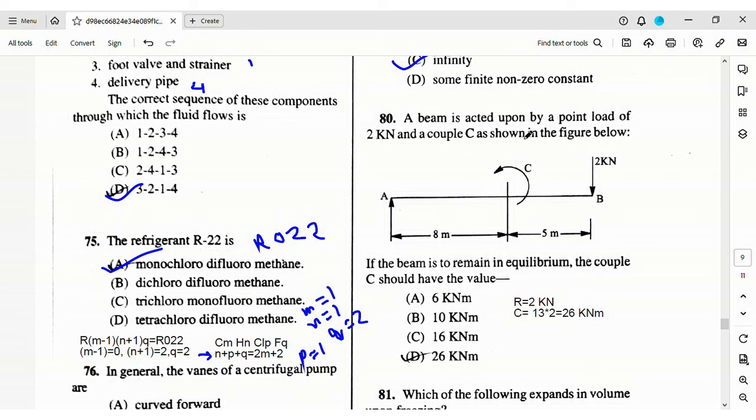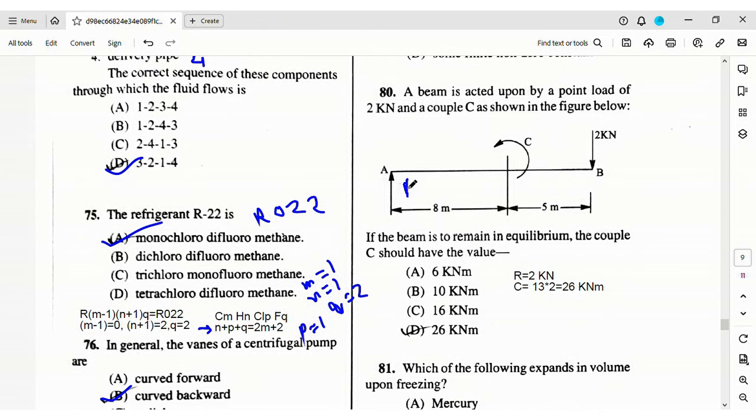A beam is acted upon by a point load of 2 kN. A couple C is shown in the figure below. Here there will be reaction force Ra. After force calculation, we will get R equals 2 kN.